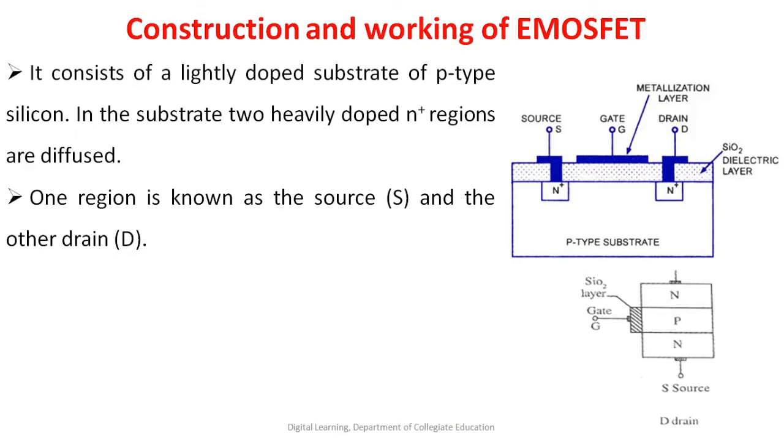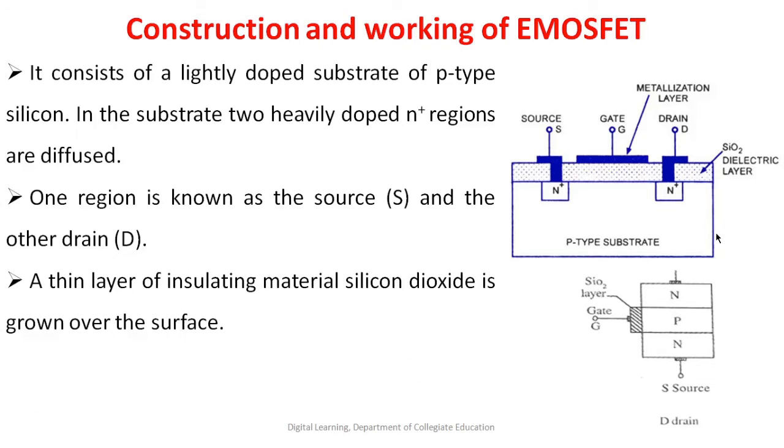One region is known as source and the other as drain. We can observe here the two N plus regions are diffused into the P substrate. One N type region acts like source and the other N type region acts like drain.